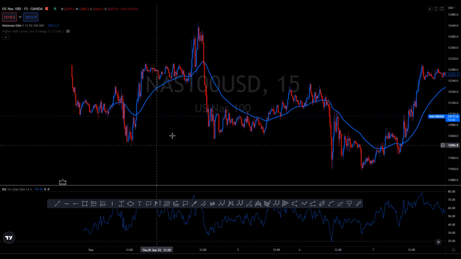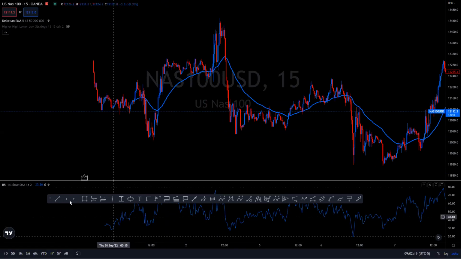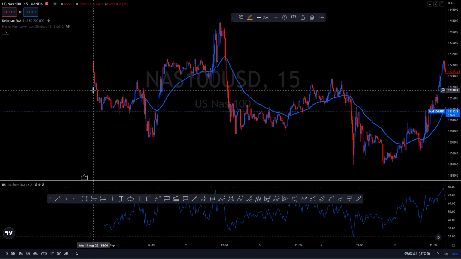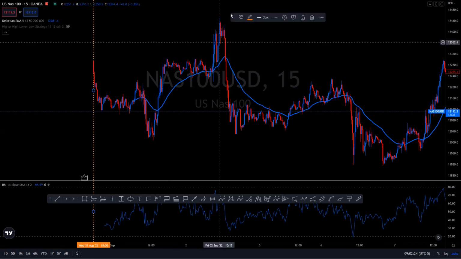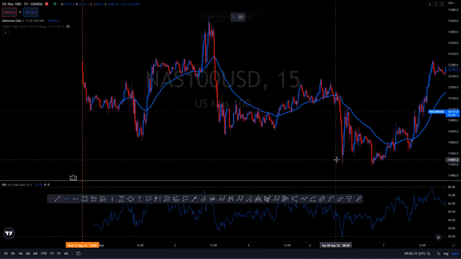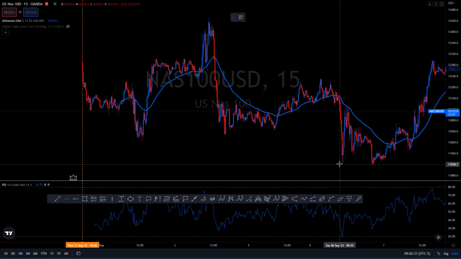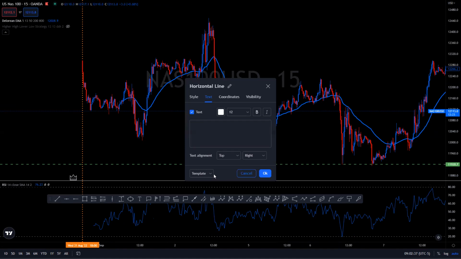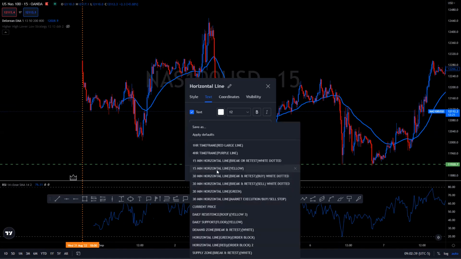All right, so what we're going to do is start marking the supply, demand, and market structure. So we'll come up, vertical line here. As we can see, there was a major demand down in this area. That's where the price touched this area a couple of times. Let me change this to yellow.